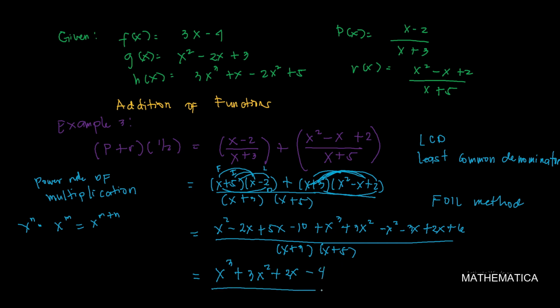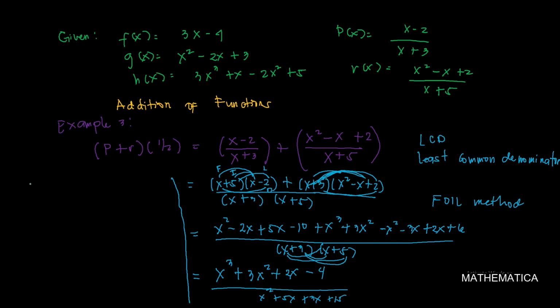Then, simplify na natin ngayon yung denominator natin using FOIL method. So, x multiplied by x, we will have x squared. So, outer term, x multiplied by 5, we have positive 5x. So, 3 multiplied by x, we have positive 3x. So, 3 multiplied by 5, we will have positive 15.